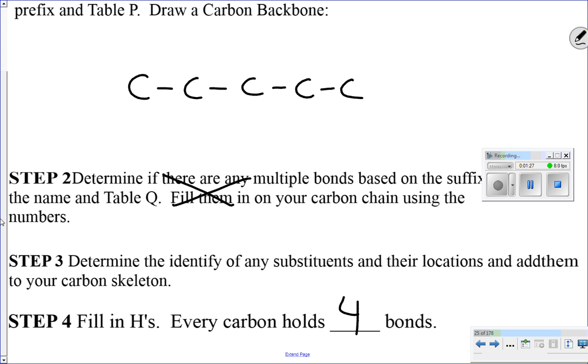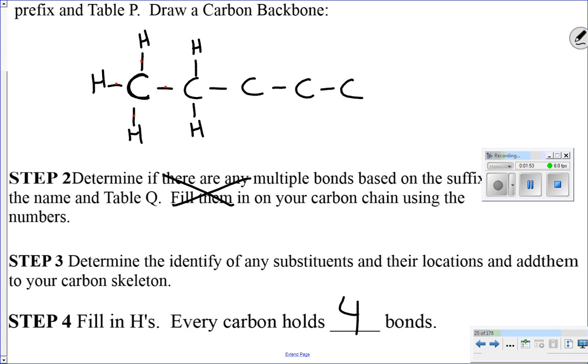On my first carbon atom, carbon number 1, I currently have 1 bond. I'm going to add 2, 3, 4 more bonds. So I can now count around my carbon 1, 2, 3, 4 bonds. On my next carbon, I have 1, 2 bonds that are attaching the carbons.